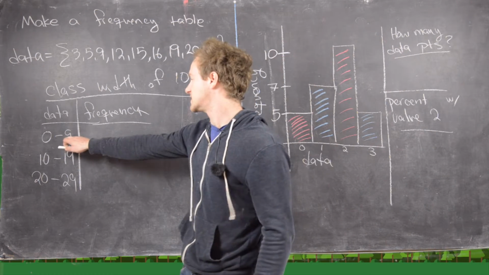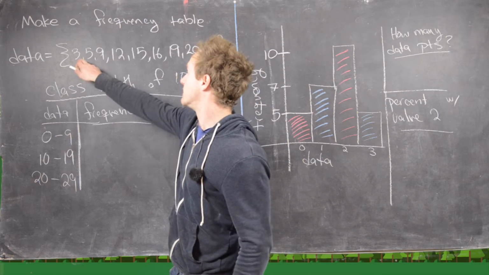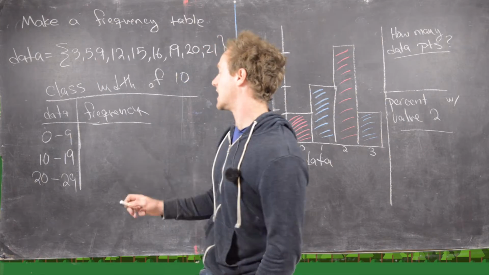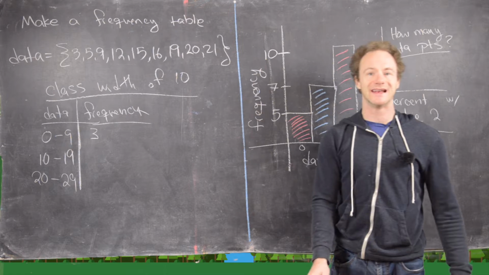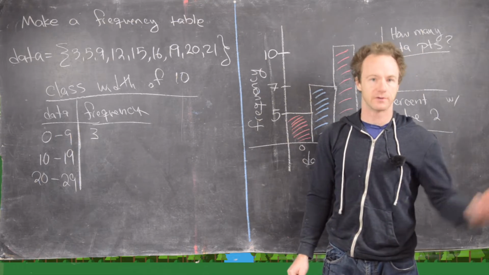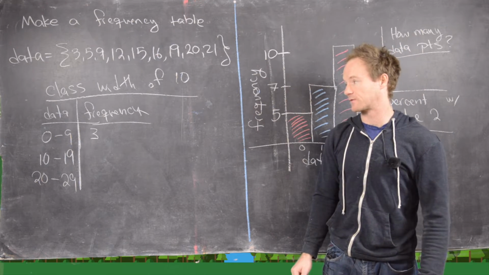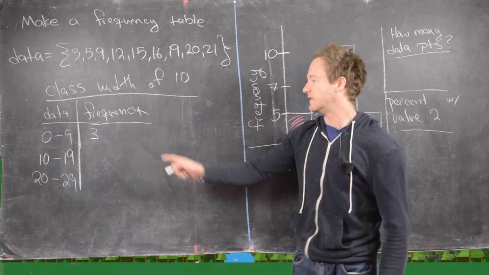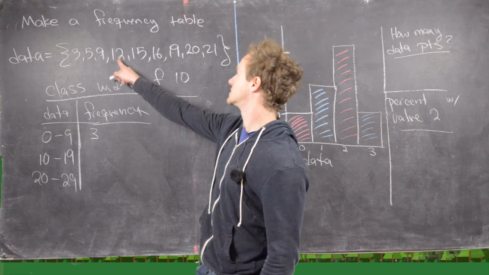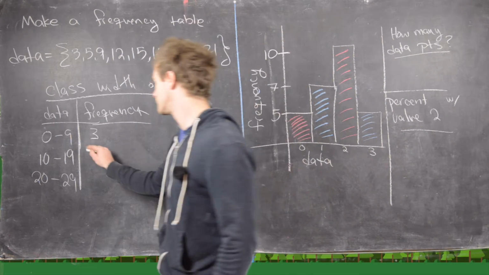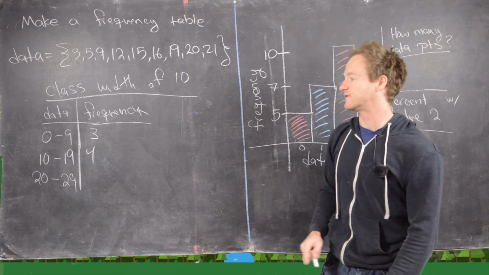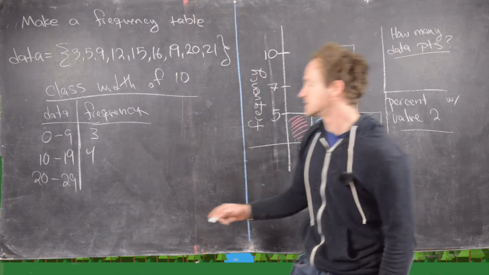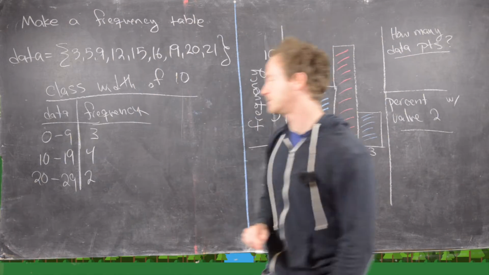Okay, so for 0 through 9, we have these numbers, 3, 5, and 9, so there are 3 members of our data set between 0 and 9. So that has a frequency of 3. Then 10 through 19, this is going to be 1, 2, 3, 4. So that's our frequency for that data range. And then finally 20 through 29, that's going to be 2 again.